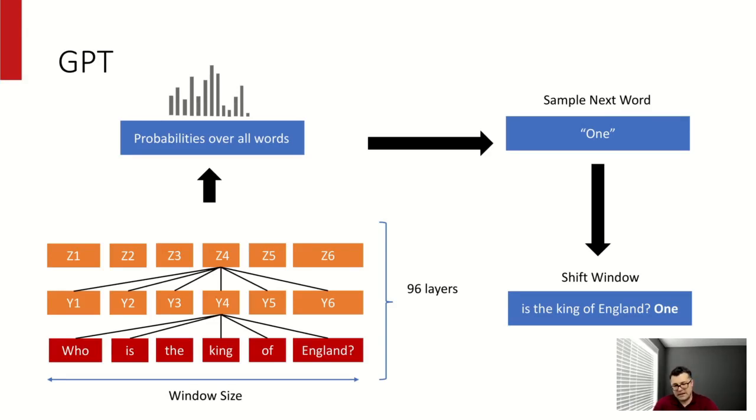In this case, we had a window size of 6 words, and you shift the window. So you remove the word 'who' and you add the word 'one', and then you go through this process again and you generate the next word. And that's really how this works. It just keeps shifting this window and generating the next word. So when you're interacting with ChatGPT, it is really just generating one word at a time.